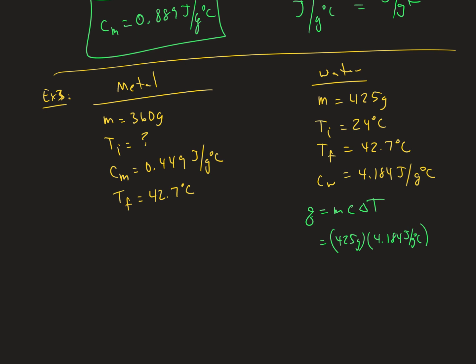Somebody calculate the change in temperature. 42.7 minus 24. 18.7. Oh, is it the same numbers? Okay.